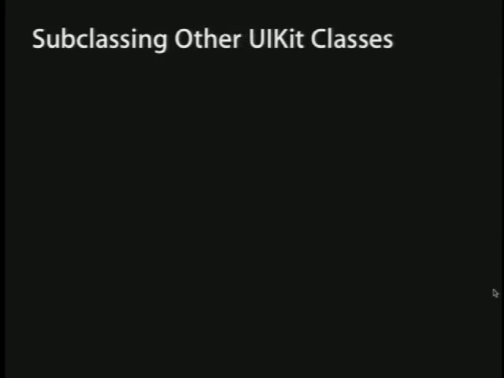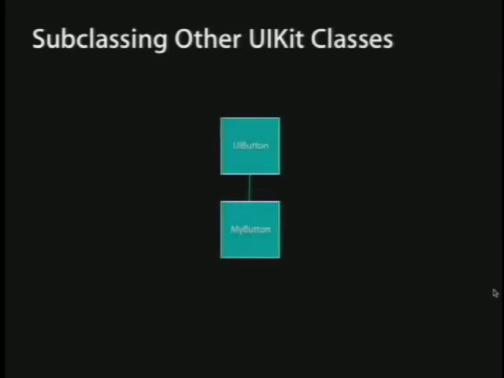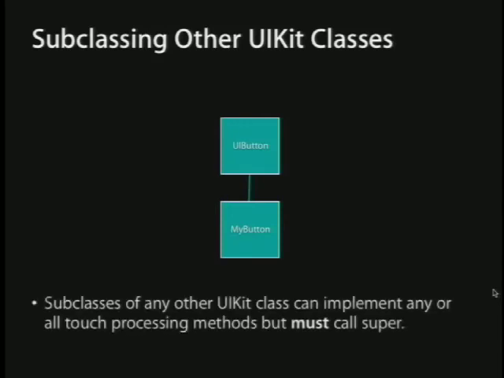But let's compare that to another UIKit class like button. Button actually already handles all the touch methods. If you subclass button, you don't actually need to provide implementations for all of these because the view itself provides implementations. It's not going to go up the responder chain. So you're free to override one or all of these methods, but the rule is you have to call super in that case.